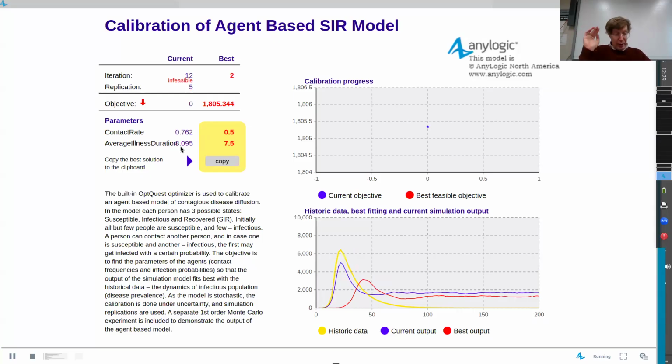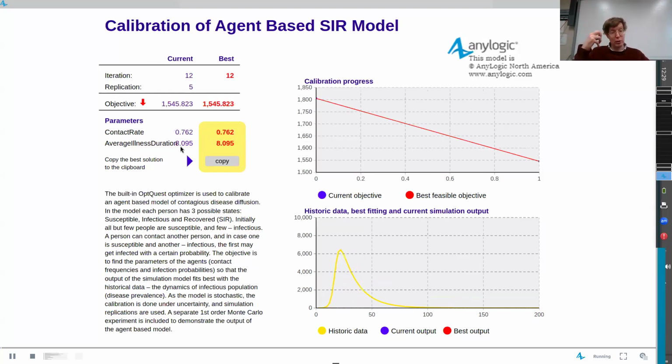We're just not going to be able to make it work, because the issue is not that our parameters are off. The issue is the model structure is just incompatible. The dynamic hypothesis captured by the model structure is incompatible with what we see in the empirical data.